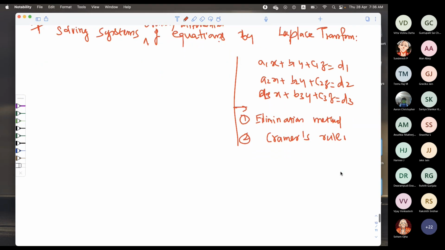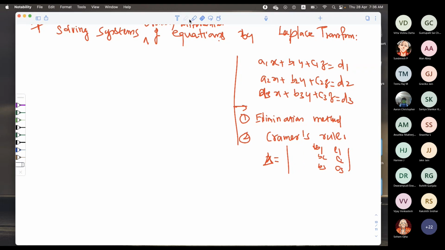What about Cramer's rule? In this system, if I want to compute x, we replace the x coefficients a1, a2, a3 by the non-homogeneous terms d1, d2, d3. Suppose I am using delta; the remaining columns are b1, b2, b3 and c1, c2, c3. Delta is the common determinant with columns a1, a2, a3.